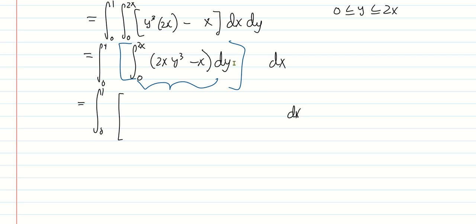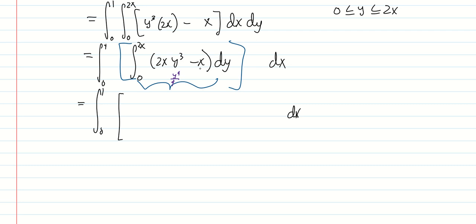We are integrating with respect to y, so we can treat x as a constant here. The integral of y cubed is y to the fourth over 4. For the other term, there is no y term, so the integral of dy is just y, times x.